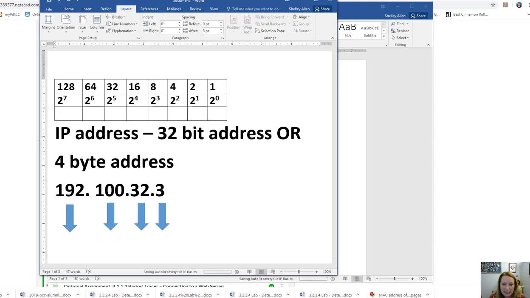Each one of these octets is represented in 8 bits, and the values range anywhere from 0 to 255. So 0 to 255.